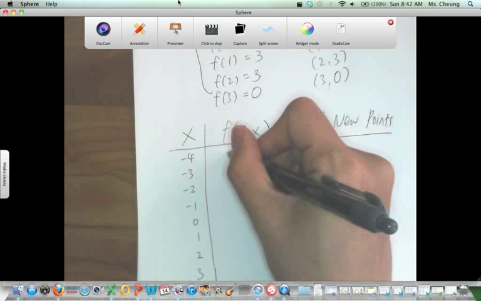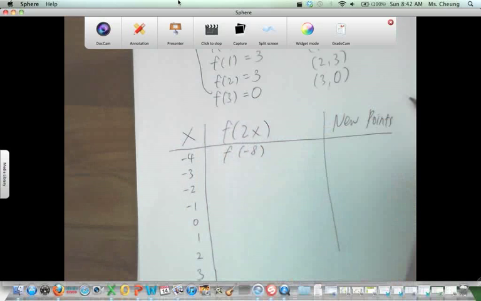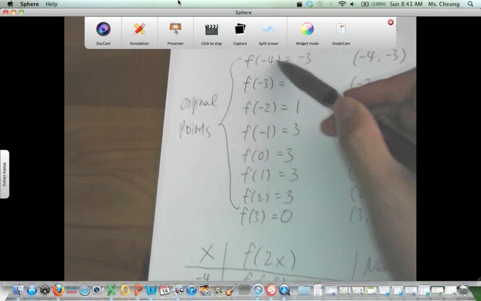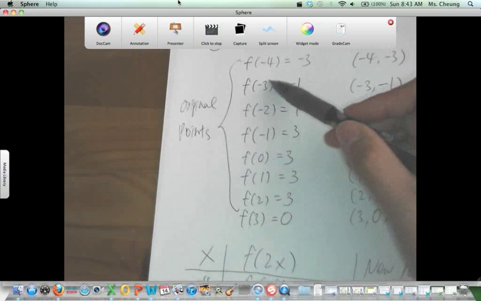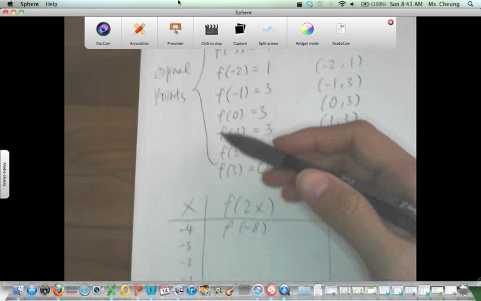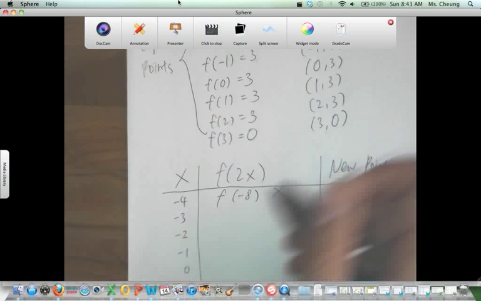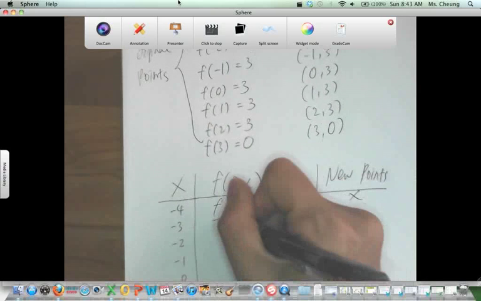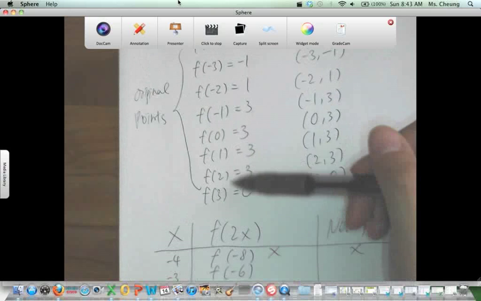When it's -4, I have 2 times -4, which is -8. You look into your original points: is there any f of -8? No, so I can just cross it out. That means it's undefined, no point when x equals -4. Then f of 2 times -3 becomes f of -6.